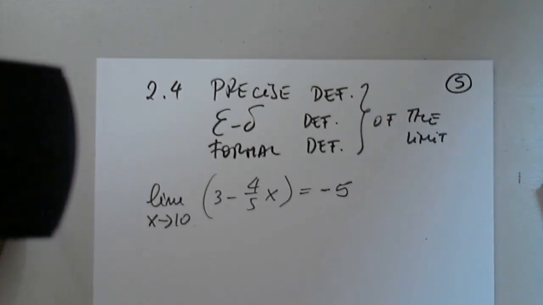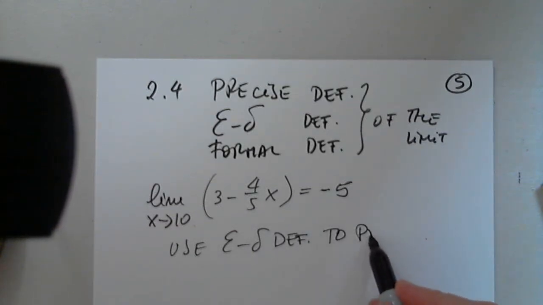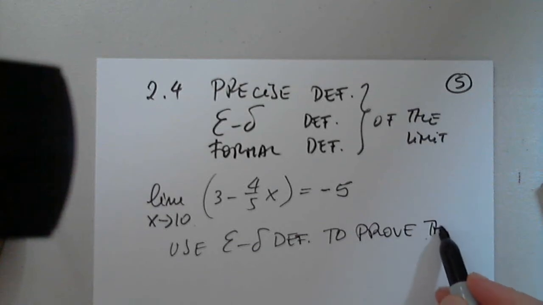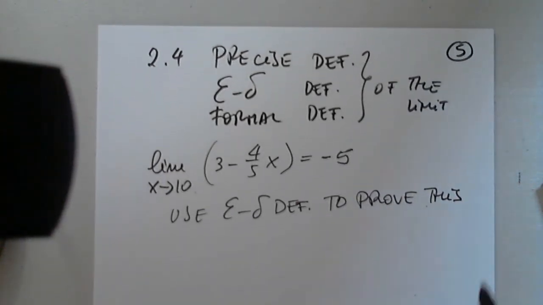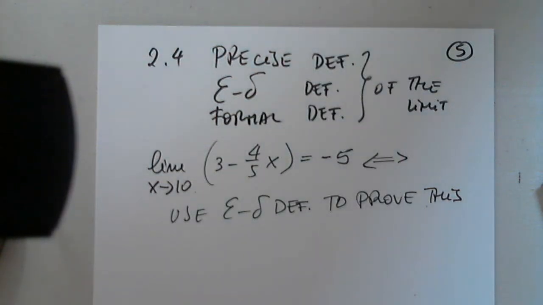Okay. So the limit is negative 5, and we are asked to use the epsilon delta definition to prove this. So we will have to write the double equivalency symbol.